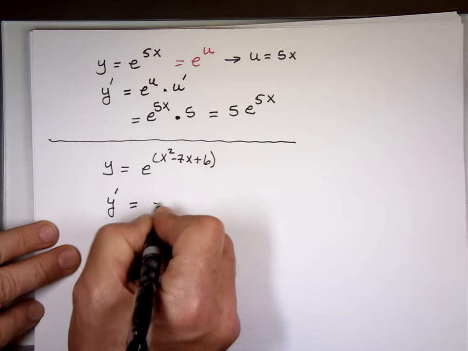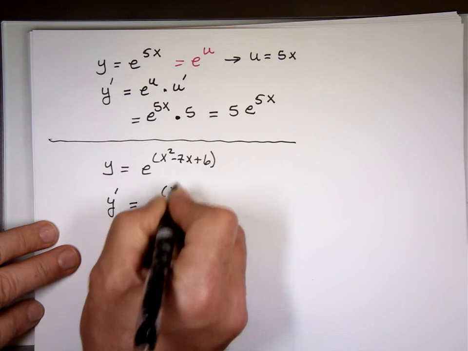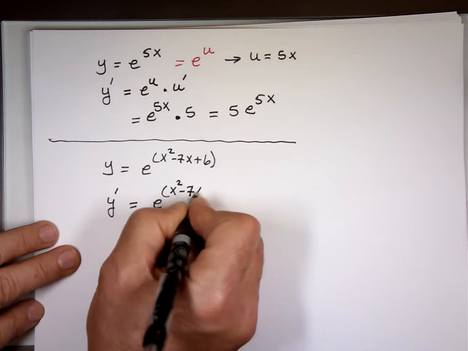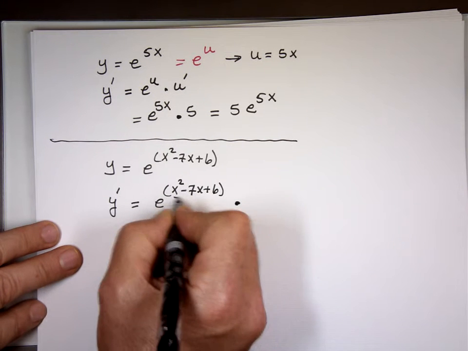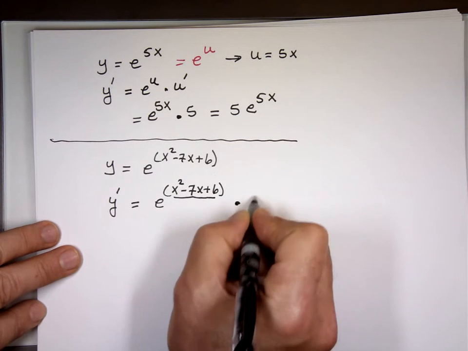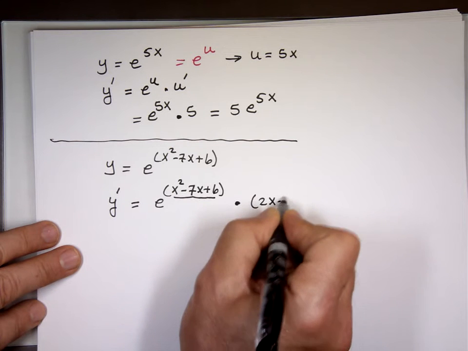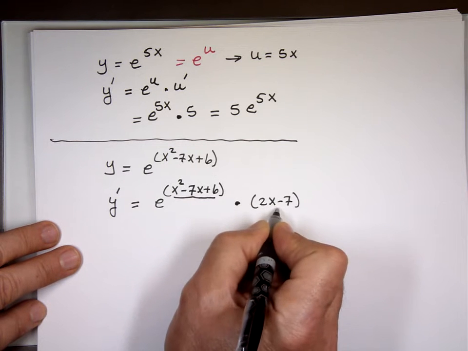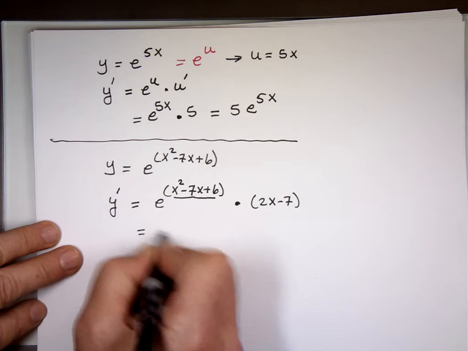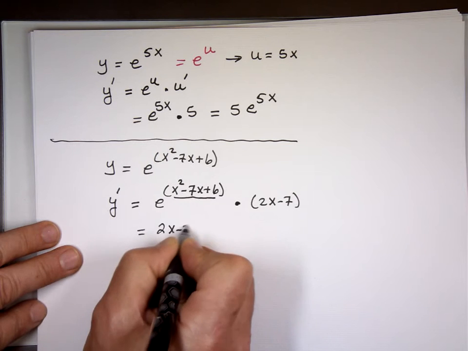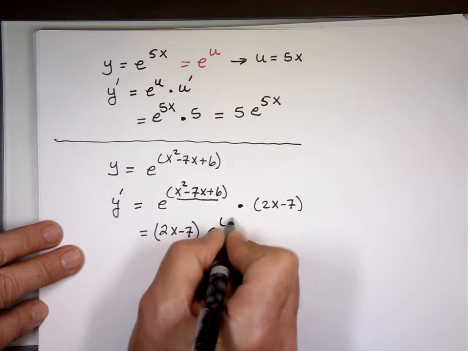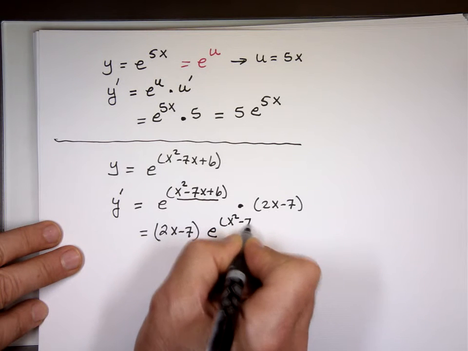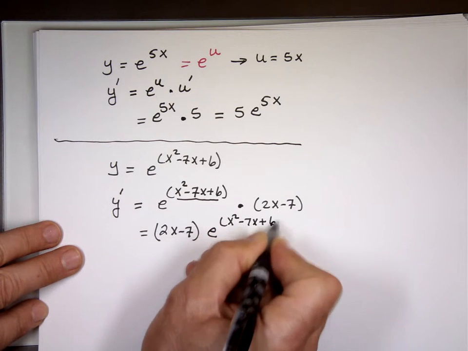So it's e to the x squared minus 7x plus 6 times the derivative of this, which is what? 2x minus 7. Nico already put that value in the front. And that'll be my answer.